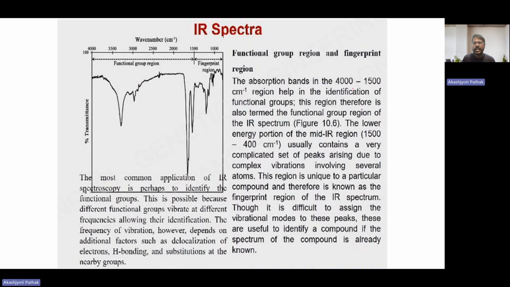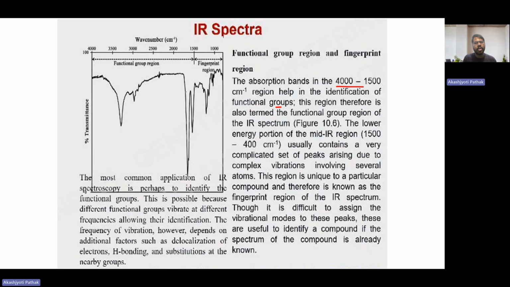Now, the absorption bands in the range of 4,000 to 1,500 per centimeter help in the identification of functional groups. It means that the functional group will absorb in this region, 1,500 centimeter inverse to 4,000 centimeter inverse. So this region is also termed the functional group region of the IR spectrum.